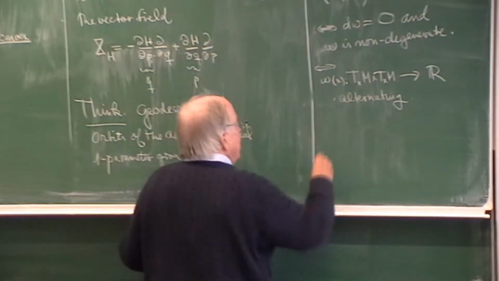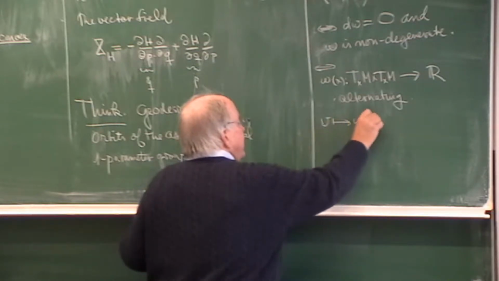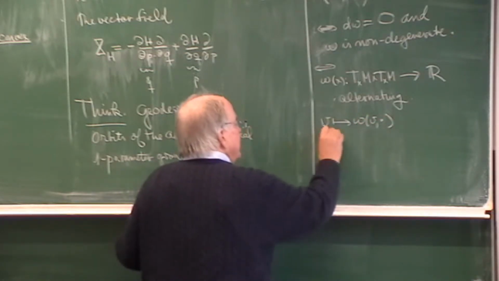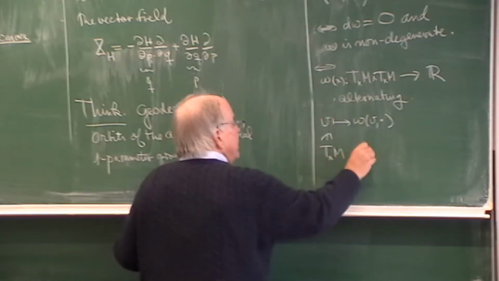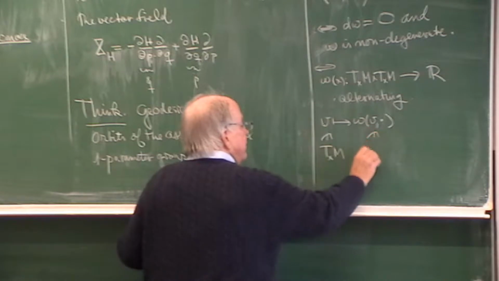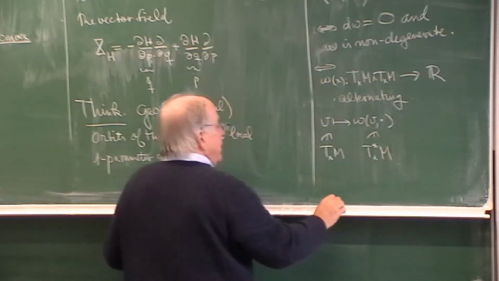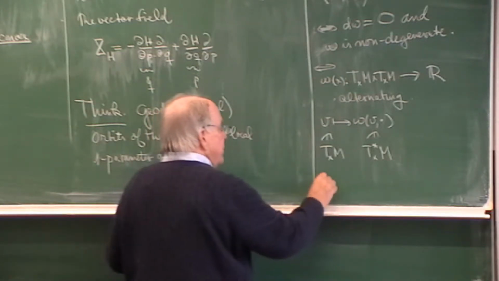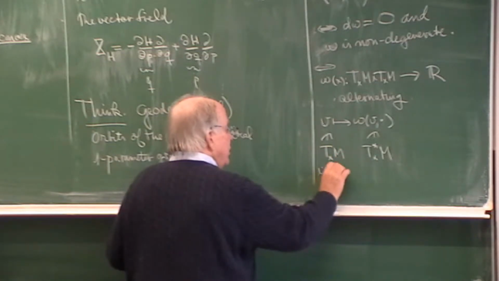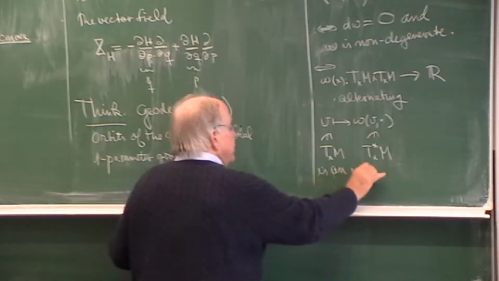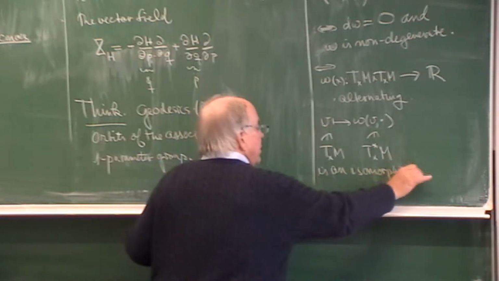And the mapping v goes to omega v period is a mapping from the tangent space of M to the cotangent space of M. And the condition is this mapping is non-degenerate, this mapping is an isomorphism, for all x.